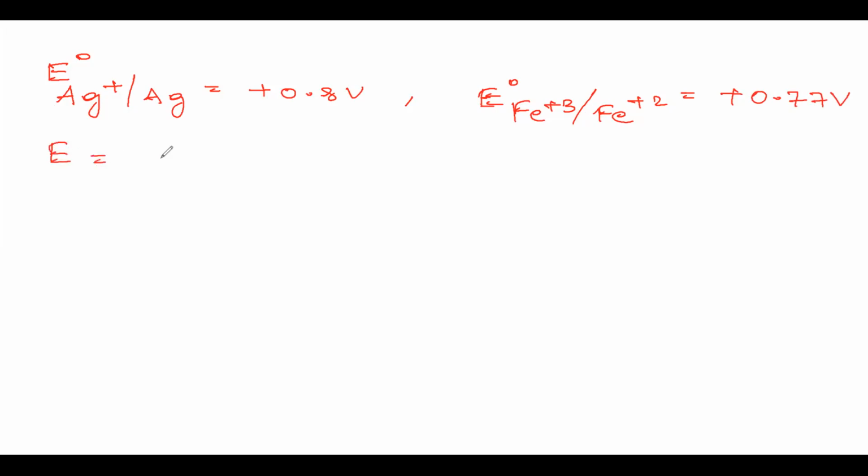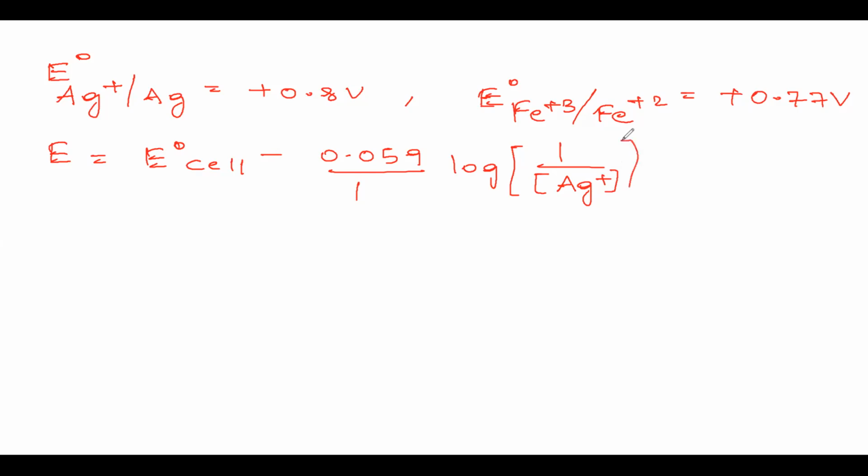Now from these two data, they are asking us: EMF of the cell is equal to E degree of cell minus 0.059 by n into log of 1 by Ag plus, where n is 1, because the concentration of Fe plus 3 is equal to the concentration of Fe plus 2.